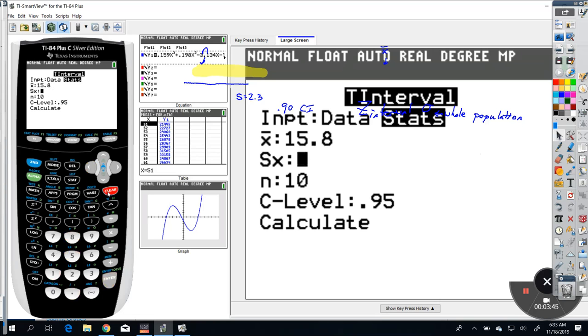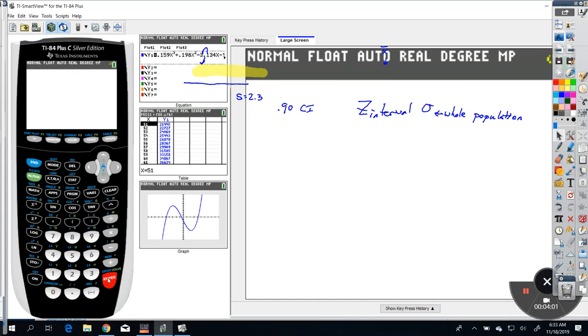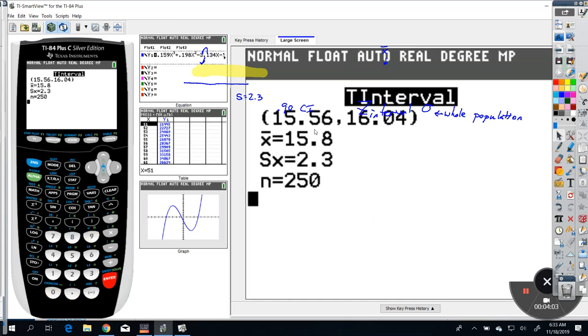The standard deviation for this group, this sample, was 2.3, n was 250, and the confidence level is 0.90. So then we calculate it, and then it gives us our interval, 15.56 to 16.04.